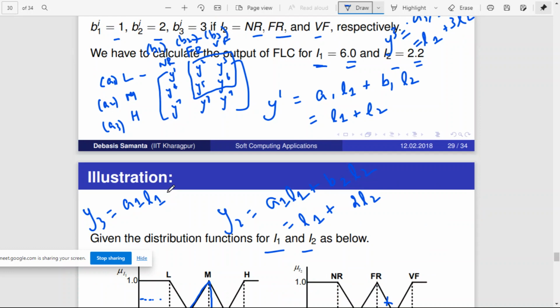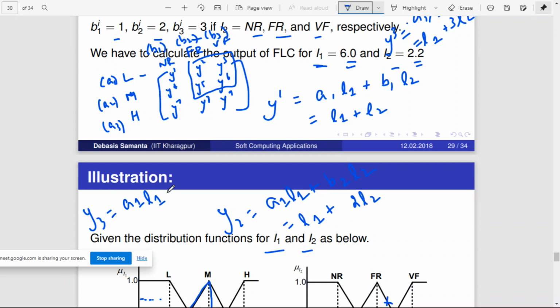A1 is 1 and B3 is 3. So L1 plus 3 L2. The second rule is L1 plus 3 L2, right? That is how we got this.